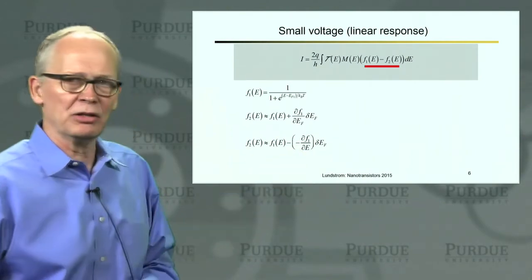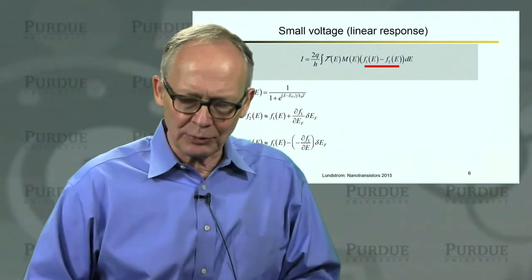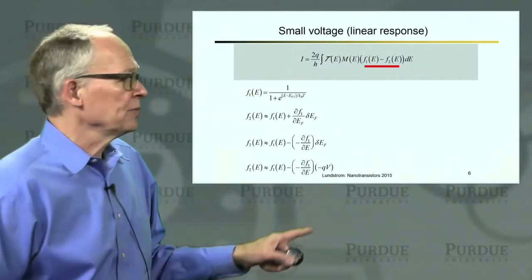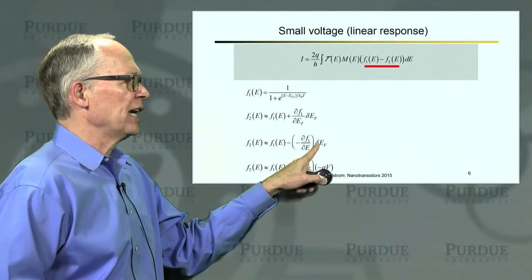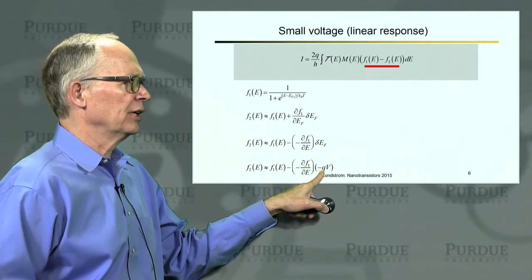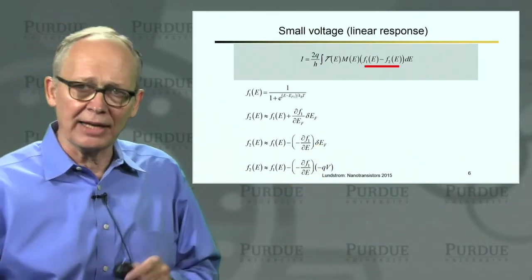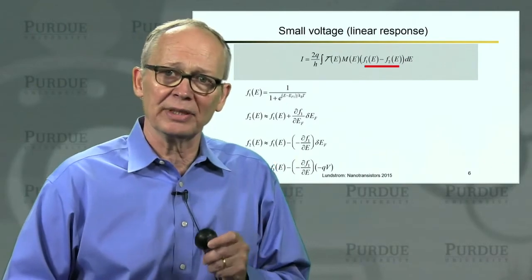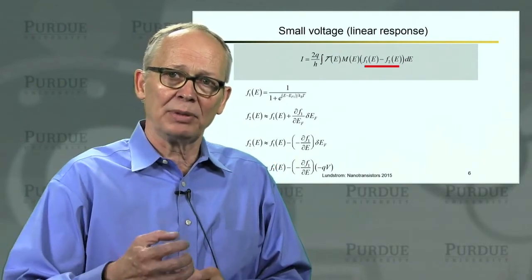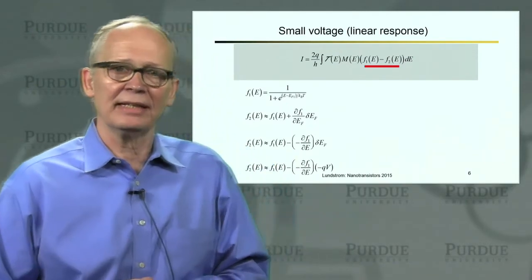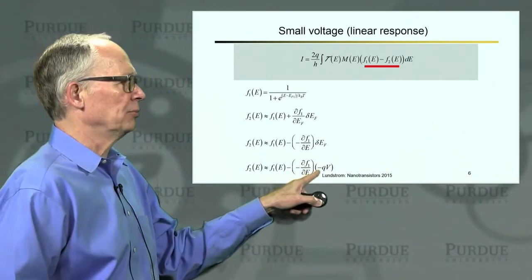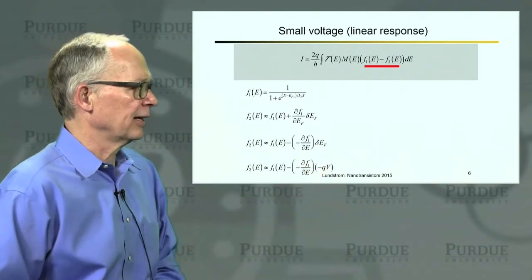This is the way we usually like to write it, so I'll write it that way. Now, the change in Fermi energy occurred because I applied a small voltage to contact 2. A small positive voltage lowers the Fermi energy, so the change is minus Q times the voltage that I applied.